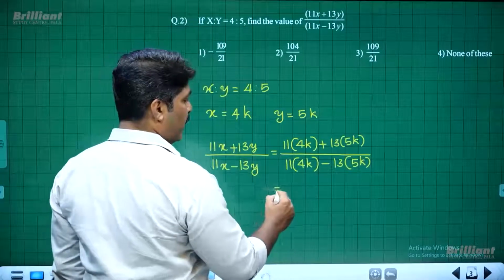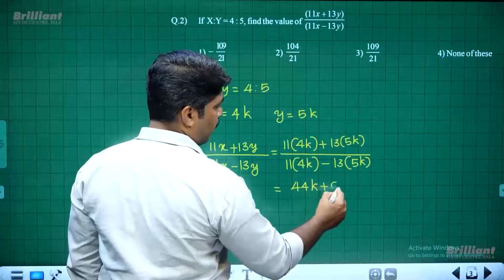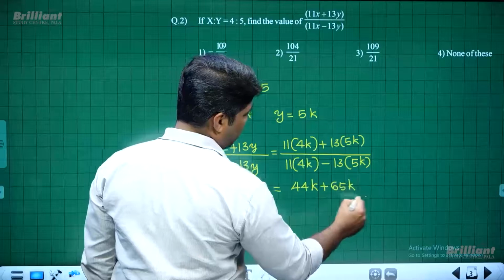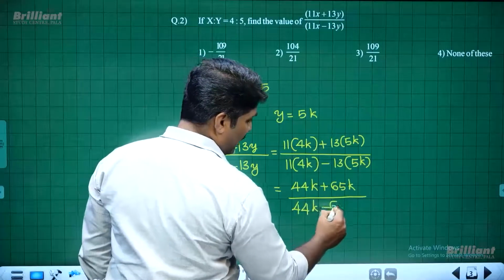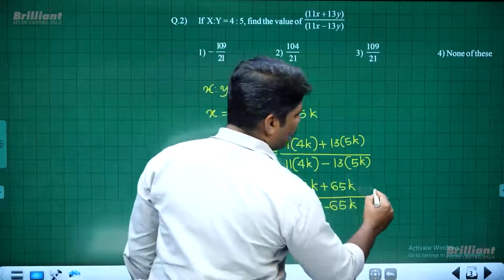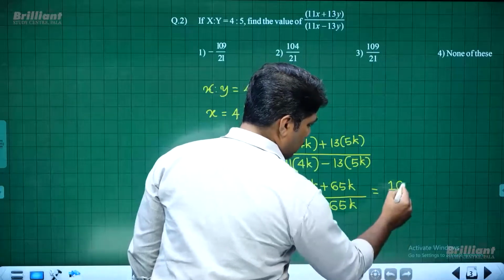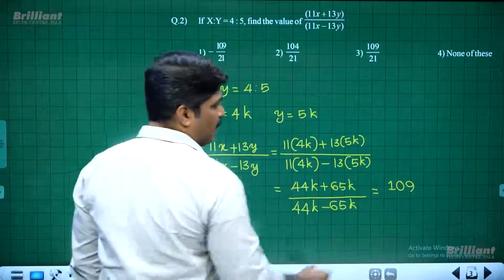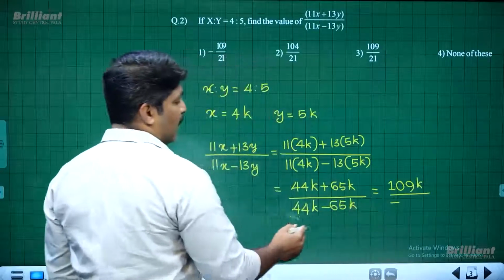So here you will get the value as 44k plus 65k divided by 44k minus 65k. So what will you get? This is equal to 109k divided by minus, here what is the difference?